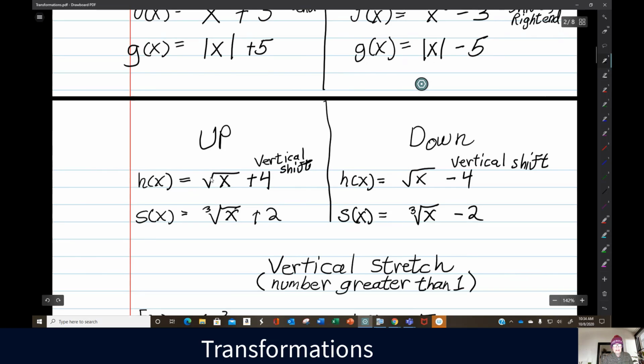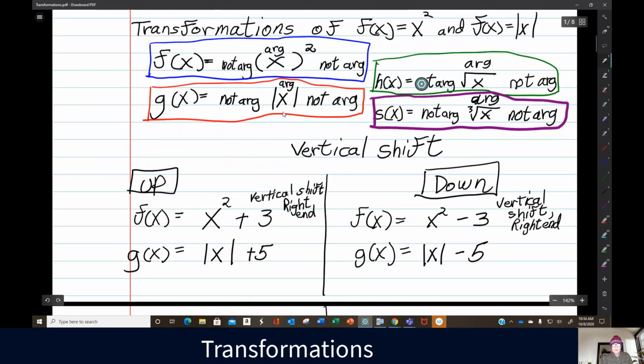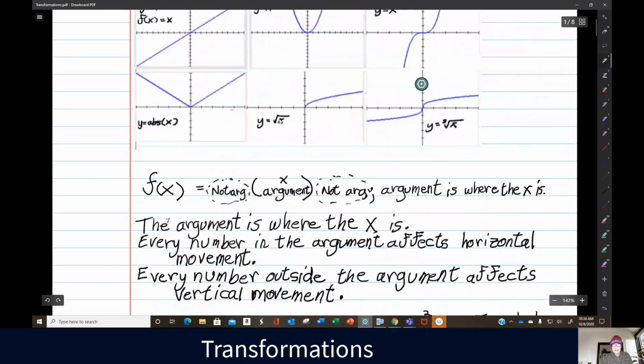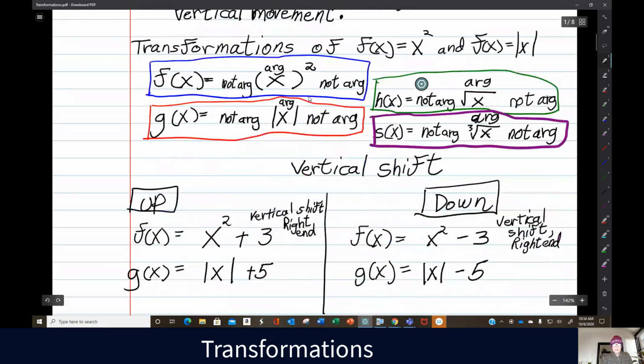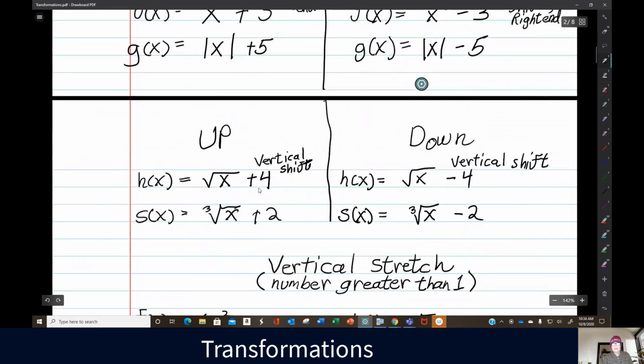Okay, we've got h of x equals the square root of x. If I want to move that physically up, just up 4 units, all I would do is put a plus 4 on the right end. And we're going to actually do some of this with the graphing calculator.